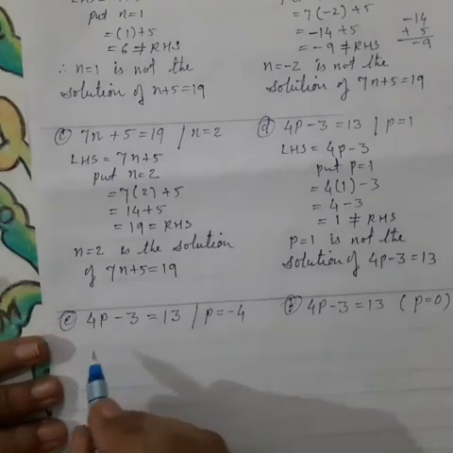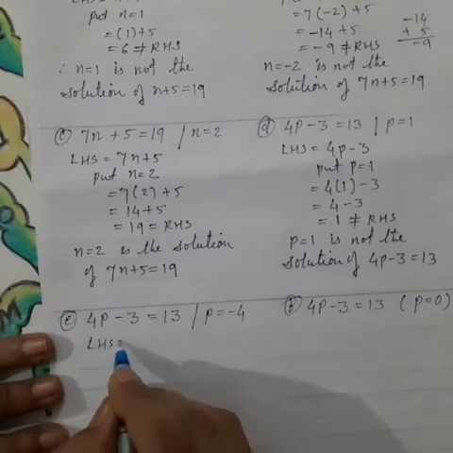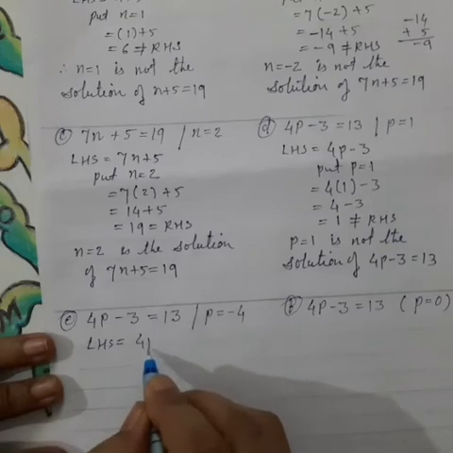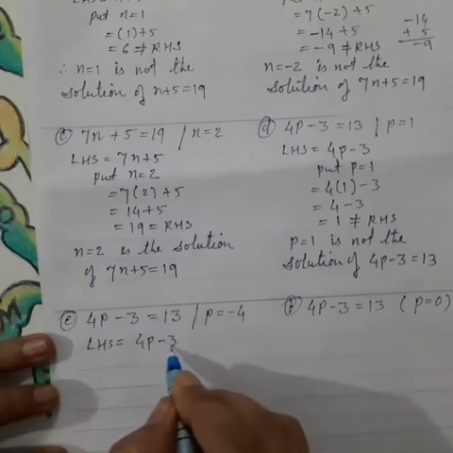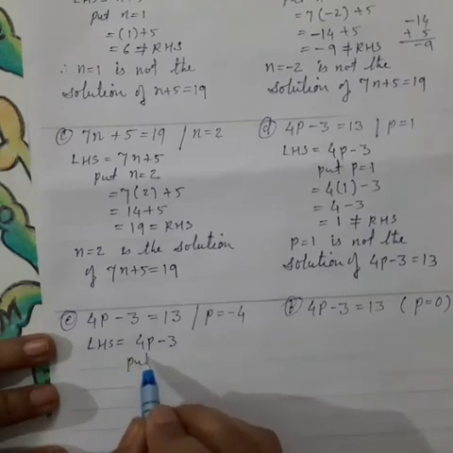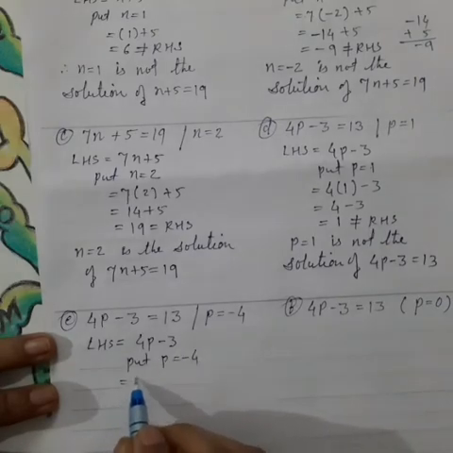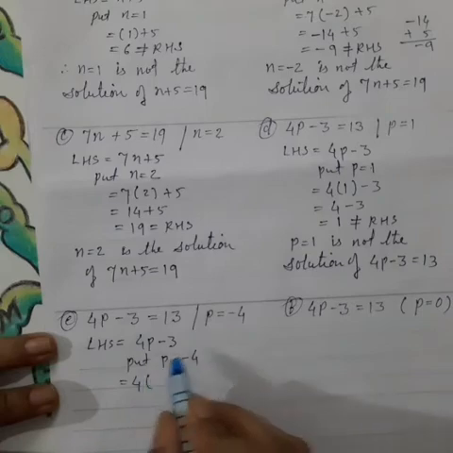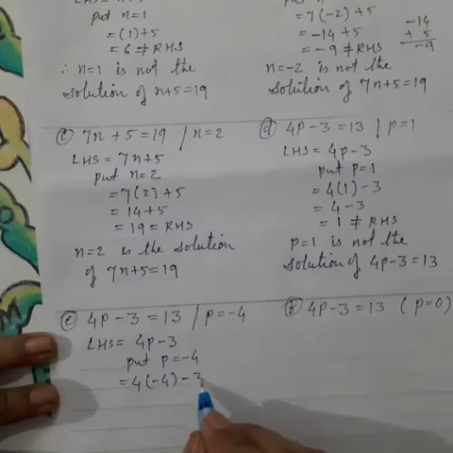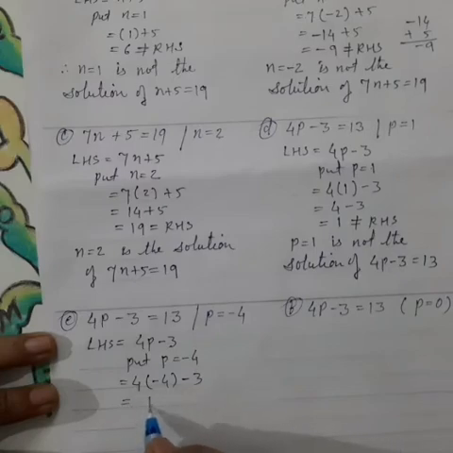4p minus 3. So left hand side is 4p minus 3. Put p equal to minus 4. So 4 at the place of p, minus 4, and this minus 3. Again 4 4s are 16. It is multiplication again. Plus of minus, minus, and minus 3.